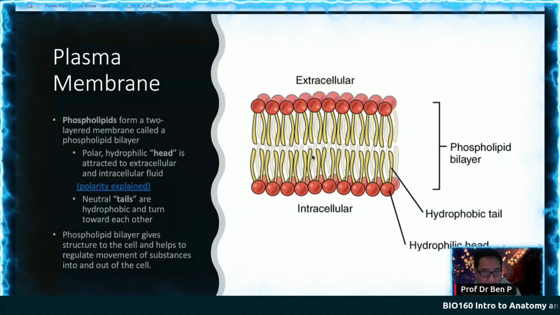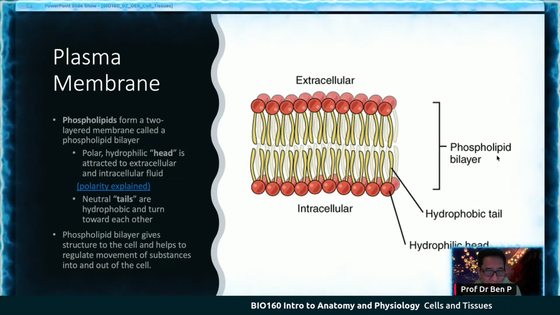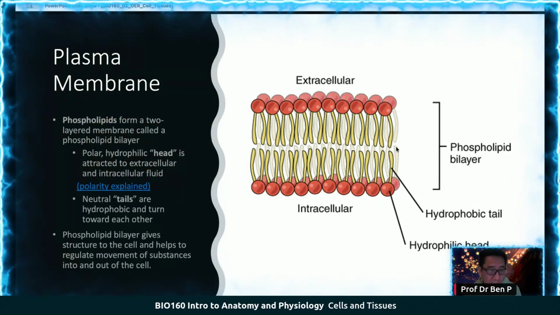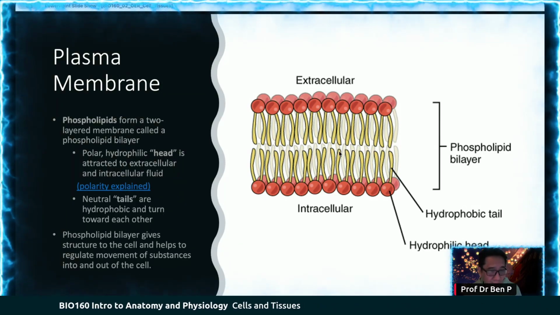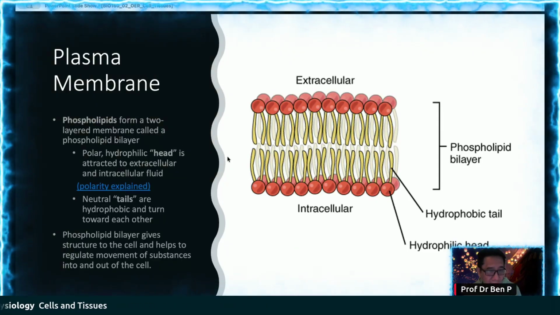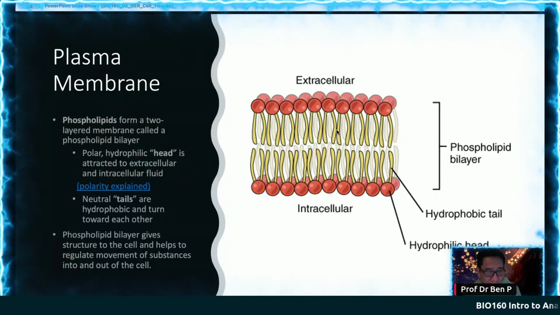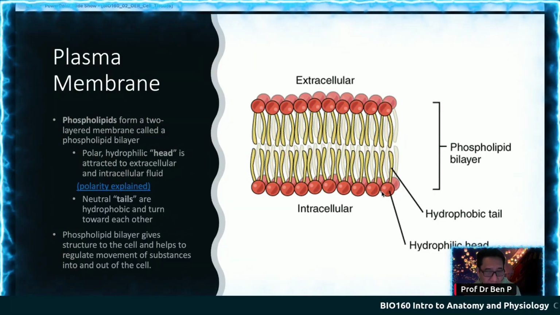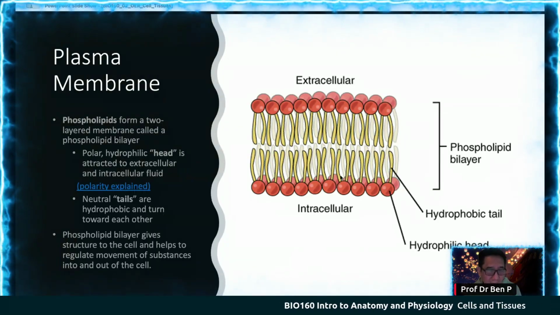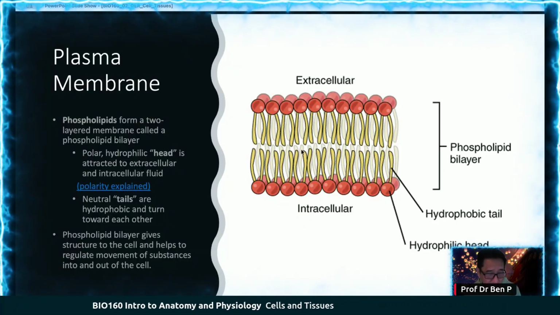The yellow tails in the middle are the lipid portion of your plasma membrane. They are polar, meaning they have a hydrophilic head. The phosphate head loves water, on the outside, and then you have the hydrophobic tail, which means they don't like water as much.